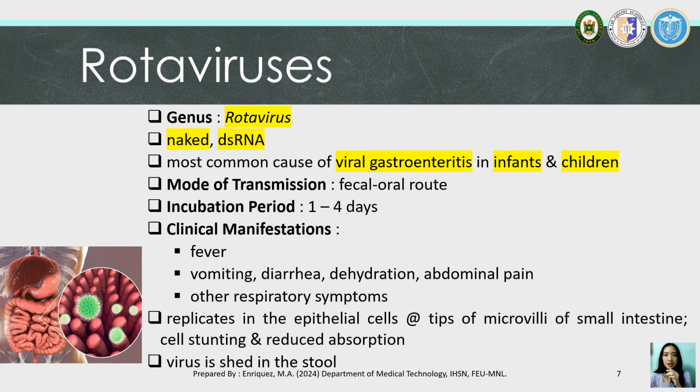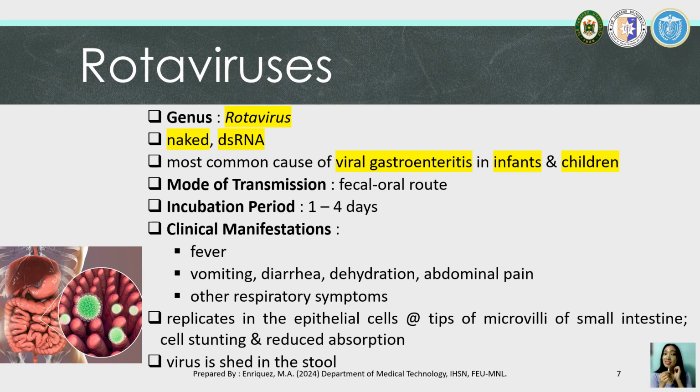Okay? So ang target cells po ng mga rotaviruses are the epithelial cells in the tips of the microvilli of the small intestine. Okay, as we can see right here in this bottom left picture. So, the microvilli, what would happen to them is they are stunted. Okay, so kumbaga is maapektuhan yung structure nila, and absorption is reduced.